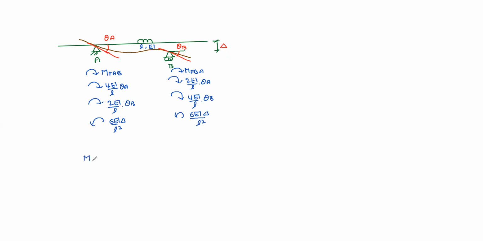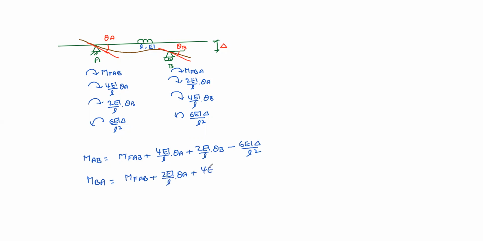Now MAB equals MFAB plus 4EI by L into theta A plus 2EI by L into theta B minus 6EI delta by L square. Similarly, MBA equals MFBA plus 2EI by L into theta A plus 4EI by L into theta B minus 6EI delta by L square.